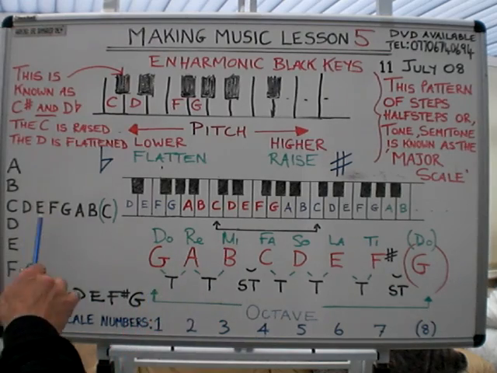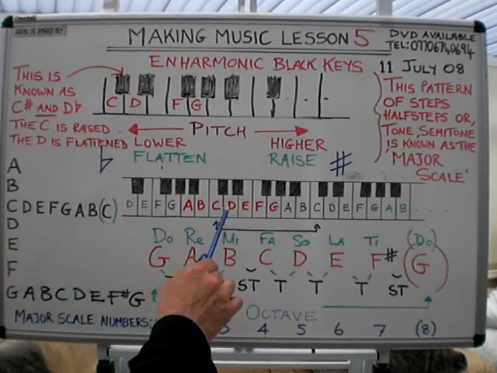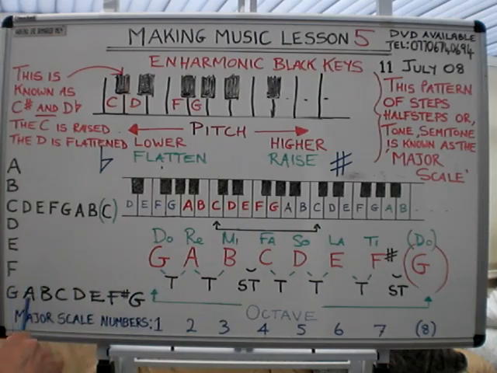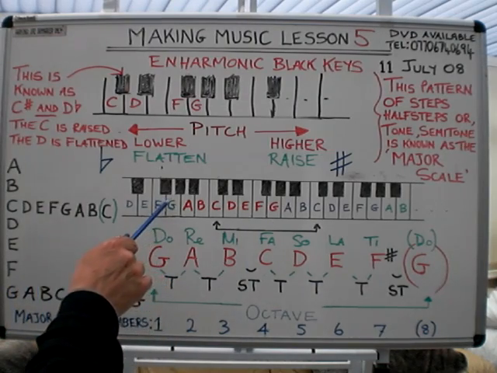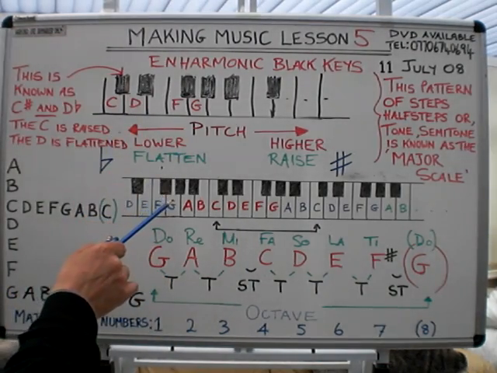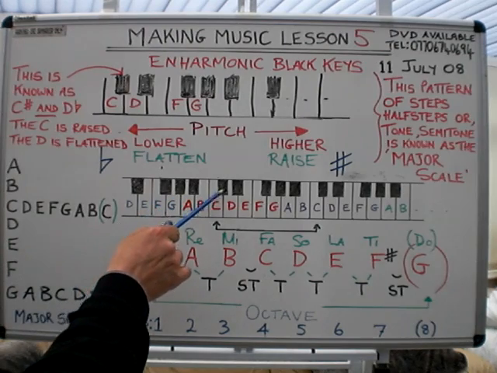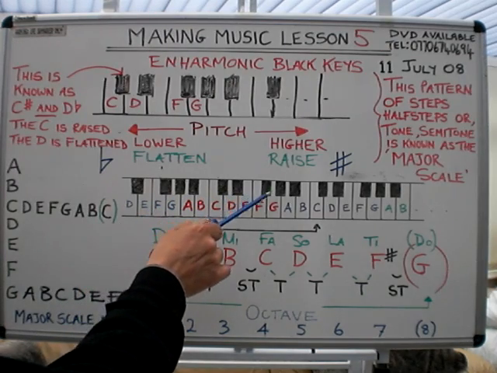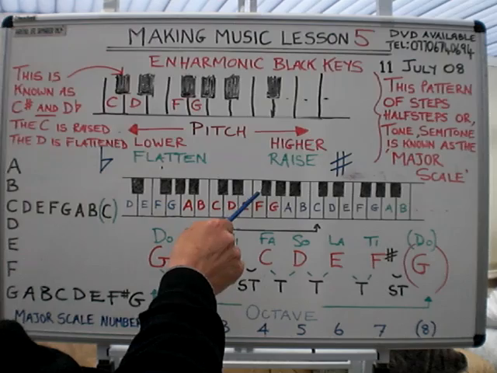So we've done this C, where we ended up on all the white keys, and now we've done this G scale with the tone, tone, semitone, tone, tone, tone, semitone structure, where we end up with this.